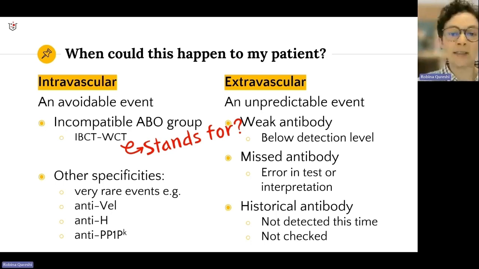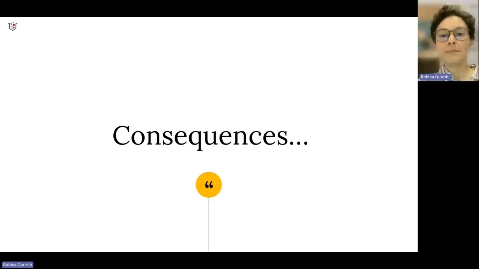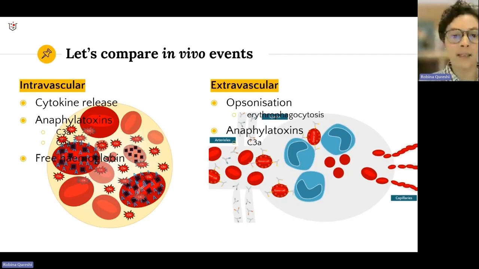Okay, excellent answers there. All right, so now I'm going to finish off with the consequences, and then hopefully if you've got time, we can have a chat about anything else. So I'm going to compare events. Both of these can result in many adverse effects in the patient. So intravascular is much more immediate, life-threatening, and we've got concurrent and consecutive things going on, haven't we?